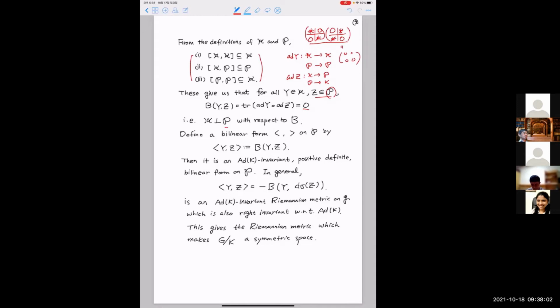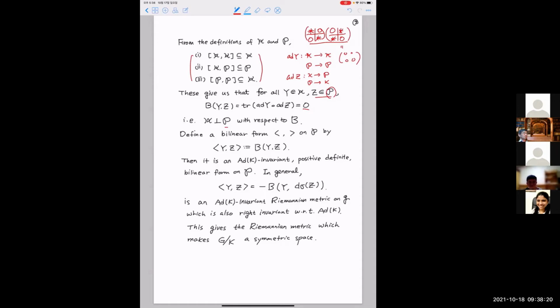If you have a real group G, you can see what the maximal compact group K is, the isotropy group, and then you know the real algebra 𝔨.